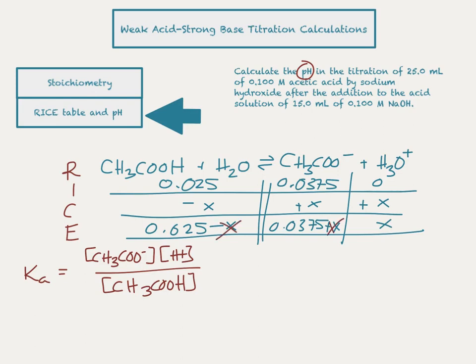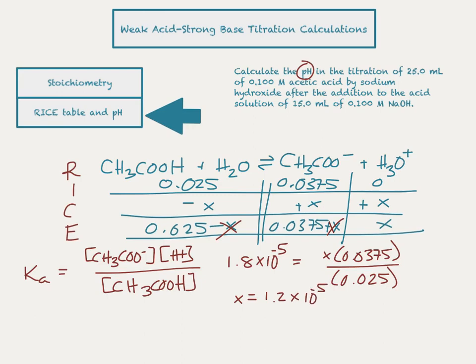Our starting concentrations are over 100 times bigger than the K value for acetic acid, so we should be good to go. 1.8 times 10 to the negative 5, gotten from a table inside of your textbook, is equal to x times 0.0375 divided by 0.025. We do some algebra math to get that our x value is equal to 1.2 times 10 to the negative 5.